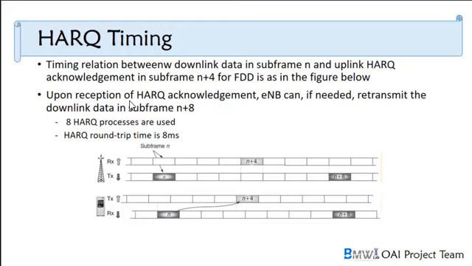N is when you first transmit your data, and you will wait until N plus 8, because N plus 8 is the HARQ round trip time. After this part, you will start to transmit your data. Why do we need this? This will avoid the UE transmitting wastefully in the air interface.